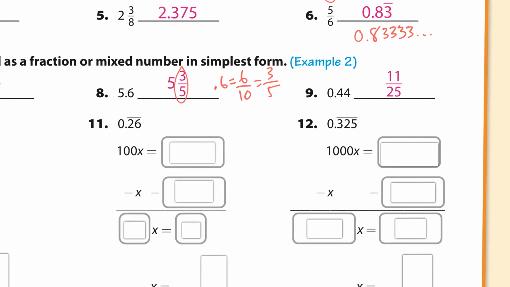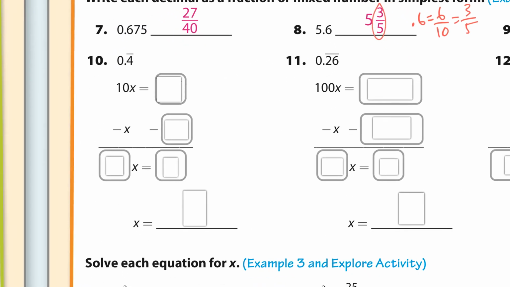And now this is where things get a little bit weird. And we're going to show how you go from 0.4 repeating is equal to, how is 0.4 repeating equal to 4/9? So 4/9 is going to show up right down there.